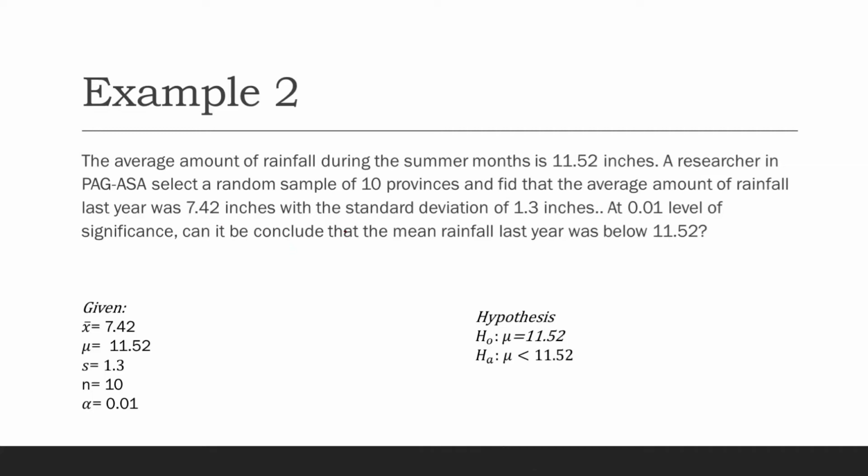So, if you can see here in our problem, so can it be concluded that the mean rainfall last year was below? So, kino-conclude ba natin kung below ba siya? So, therefore, it is less than 11.52. And since this is less than, so yung alpha natin ay for one-tailed.